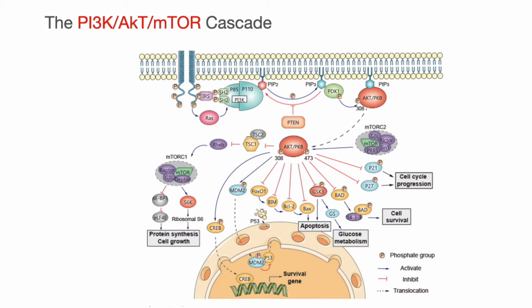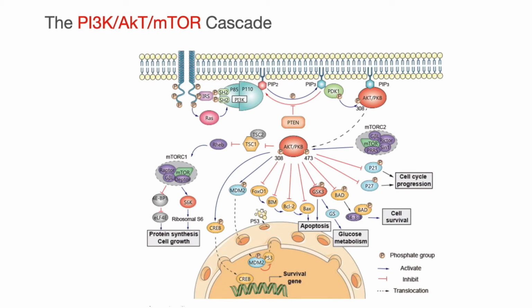In a situation where this cascade is functioning the way it's designed to function, it promotes cell survival. It promotes cellular proliferation. And in certain instances, that's fine. That can be just a natural part of the cell cycle.